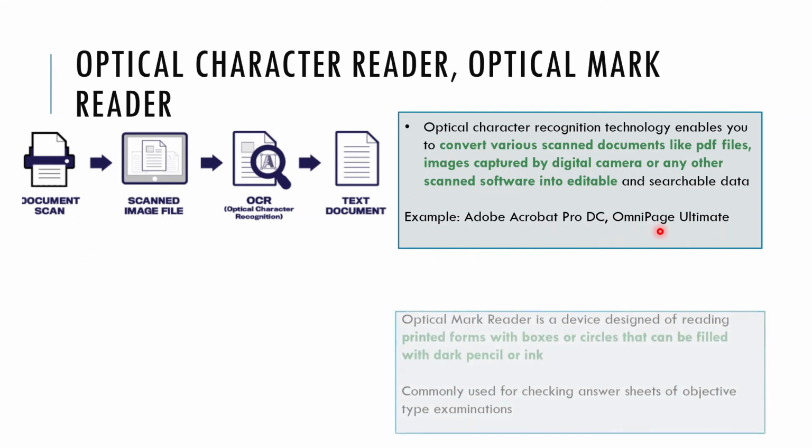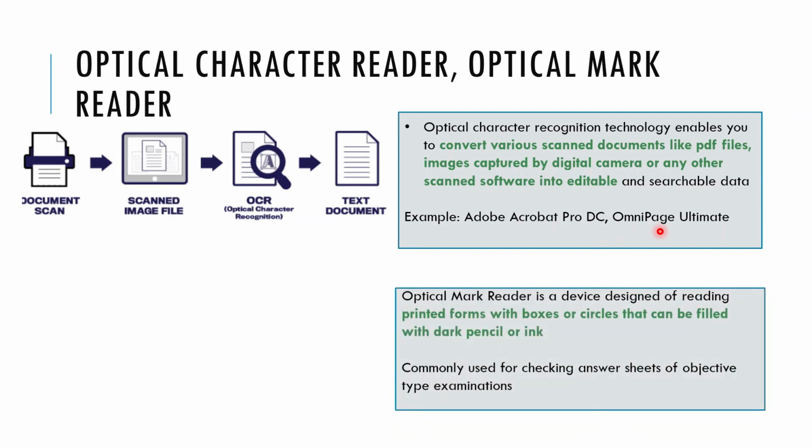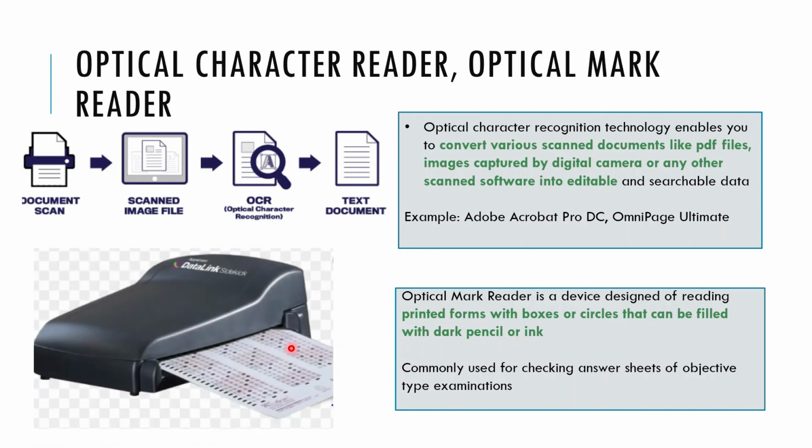Now let us discuss about the optical mark reader. It's a device designed for reading printed forms with boxes or circles that can be filled with dark pencil or ink. It's commonly used for checking the answer sheets of objective type examinations.